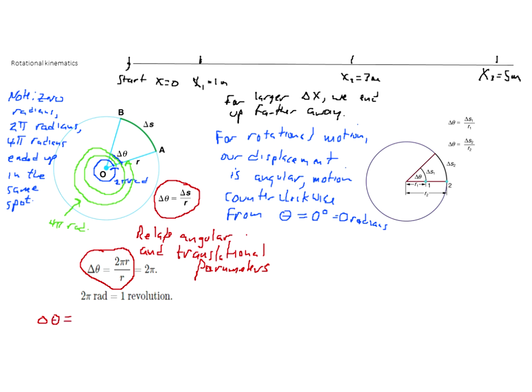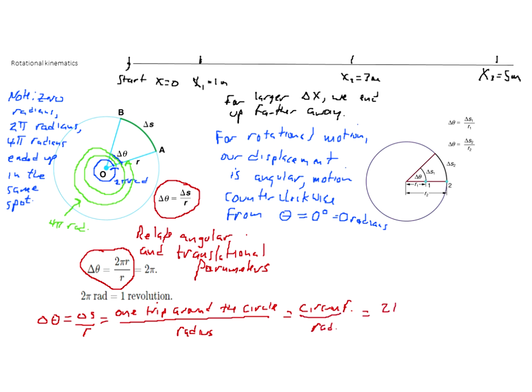In general, delta theta equals delta S over R. If we take one trip around the circle, delta S is the circumference, divided by the radius, so that's 2 pi r divided by r. The r's cancel out and we get 2 pi.